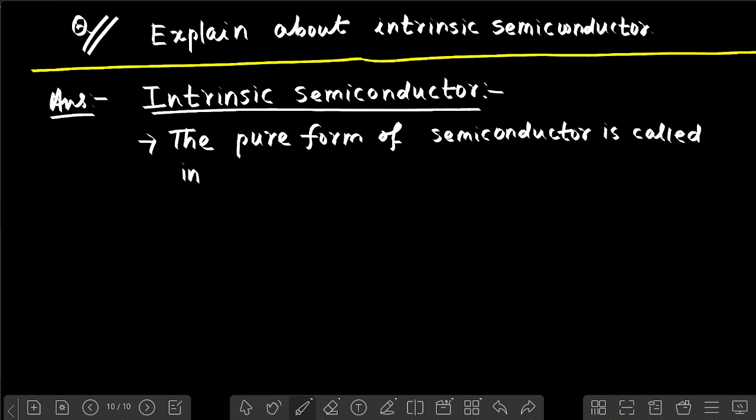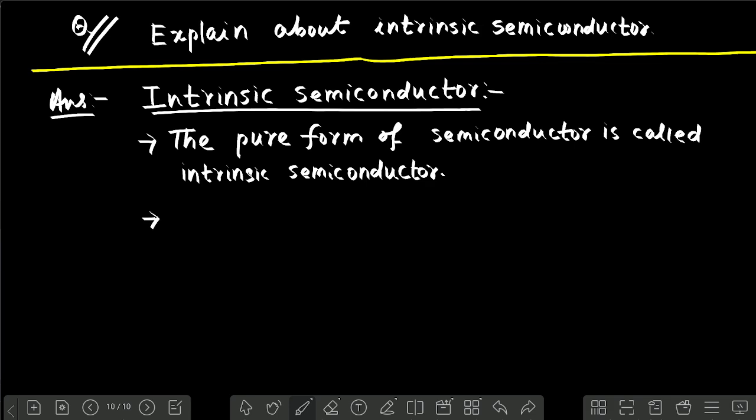There are two types of semiconductor you can get, intrinsic and extrinsic. The pure form is intrinsic, the impure form is extrinsic. So pure form of semiconductor is called intrinsic semiconductor. Remember, pure form.